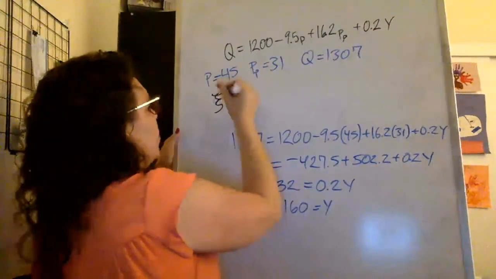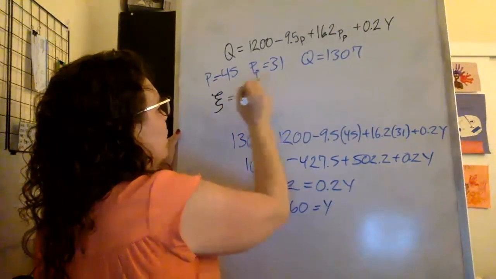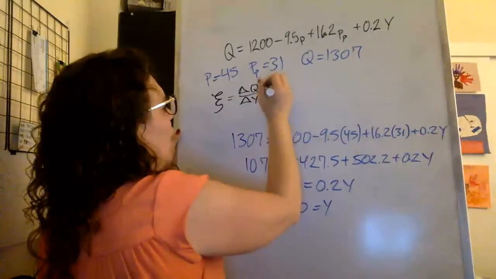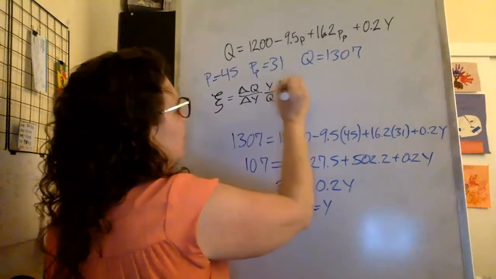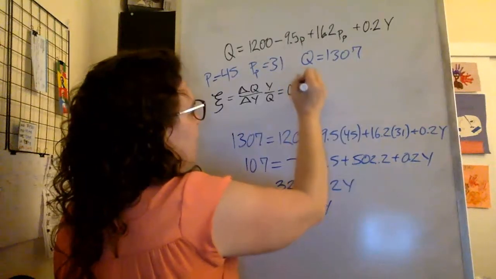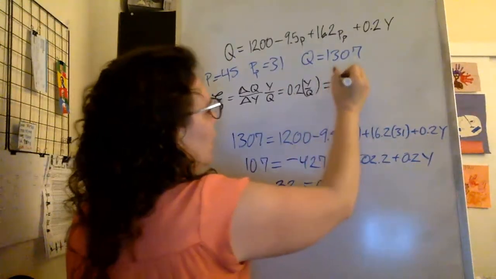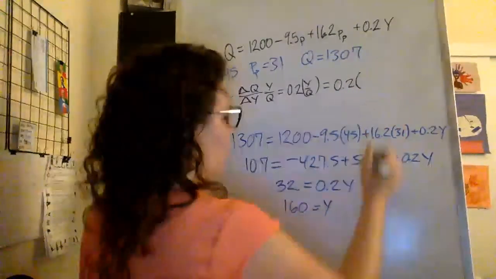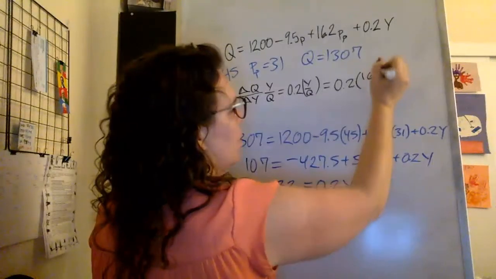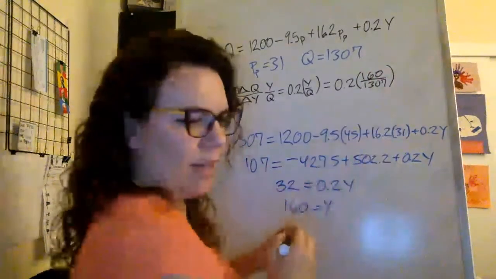And I don't think it's the most important thing in the world to remember this notation because a lot of people use different notations. But if you can keep track of it, it's going to benefit you. Okay, so we've got y is 160 and q is 1307.